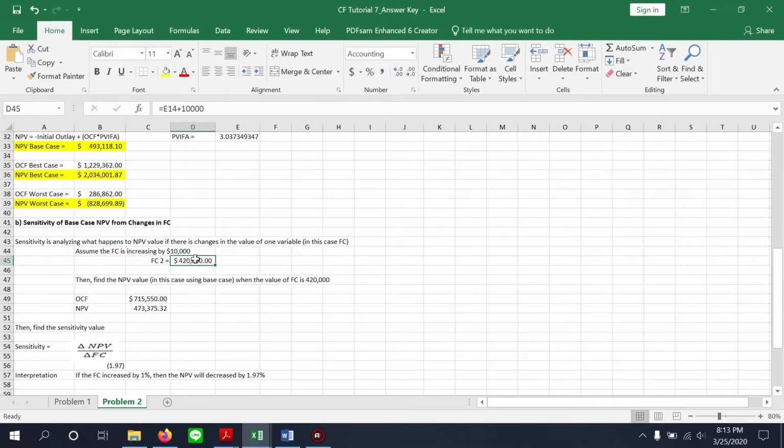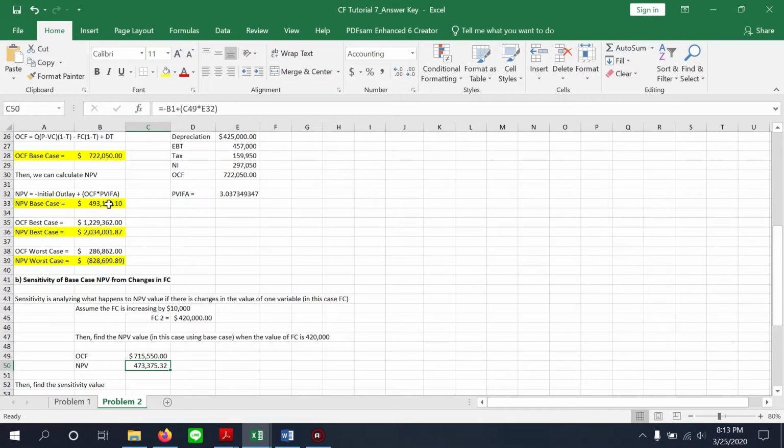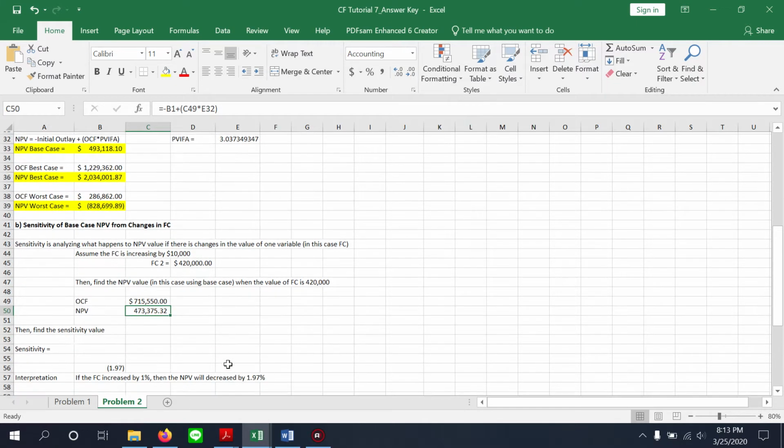If there's an increase, you need to recalculate your OCF again. Basically it will be 10,000 lower, and your NPV will be lower as well. As you can see, the NPV goes from 493 to 473, which is lower.